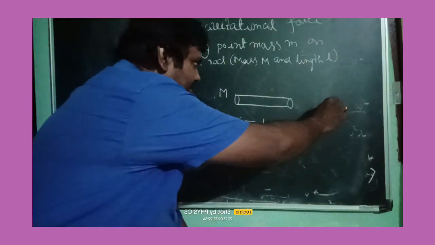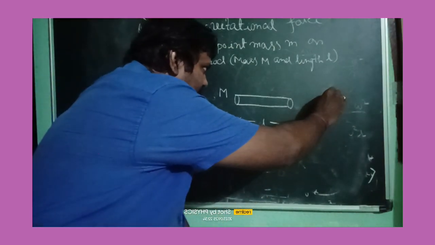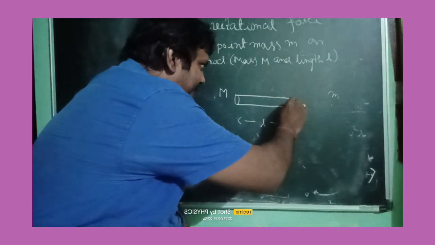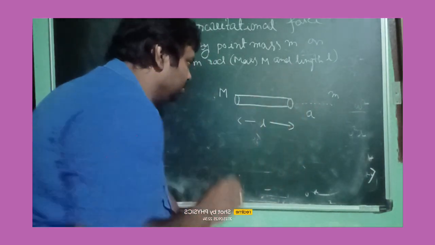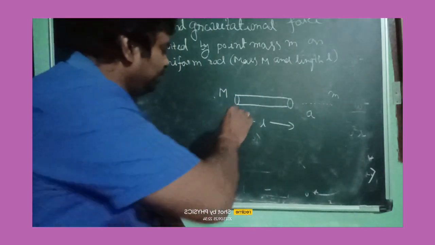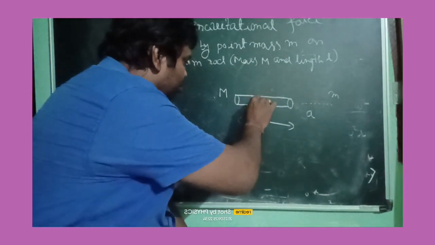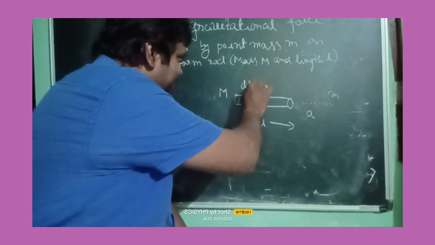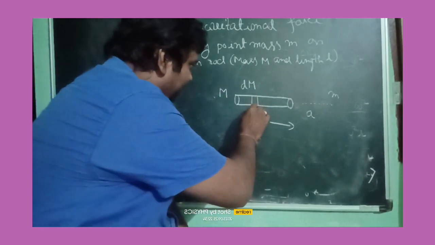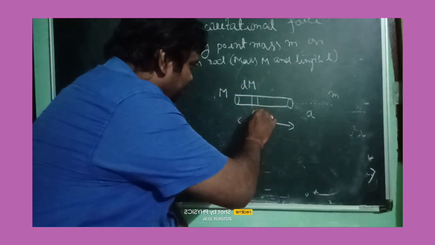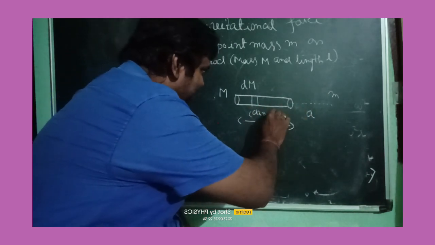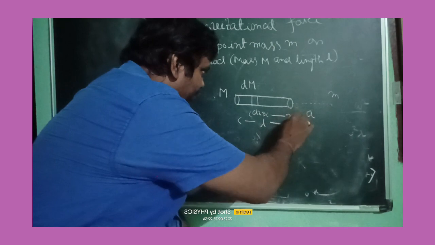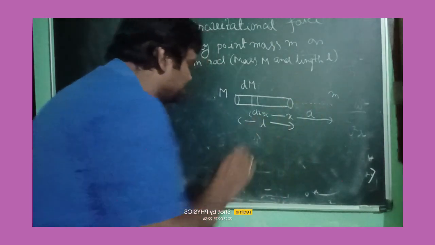Now let us consider the point mass m at a distance of a. Here we consider a small portion of mass dm, of length dx, at a distance x from the mass m.